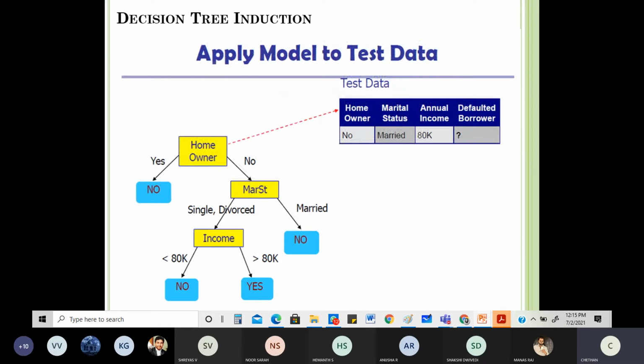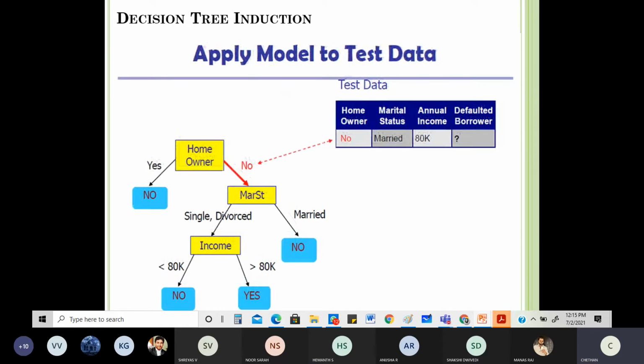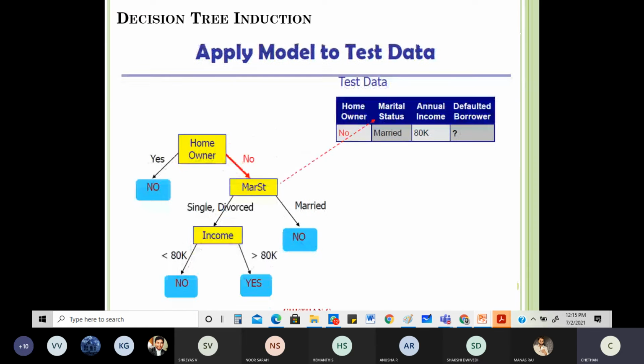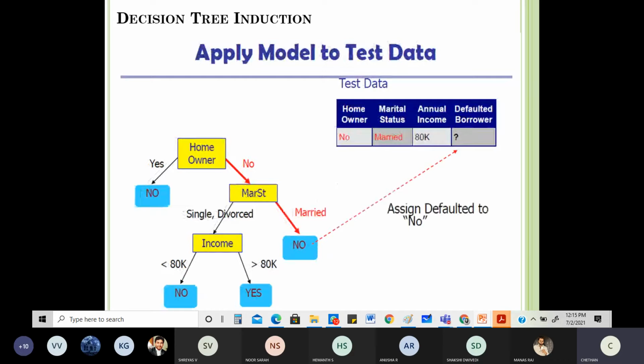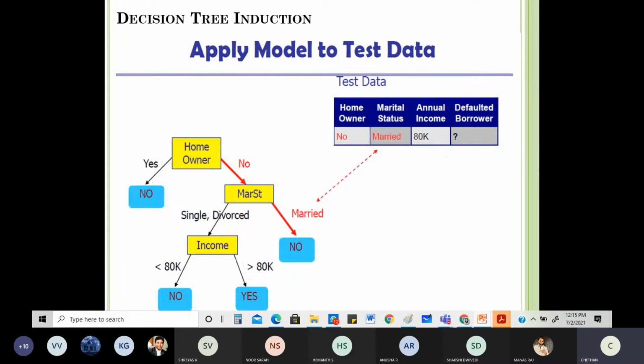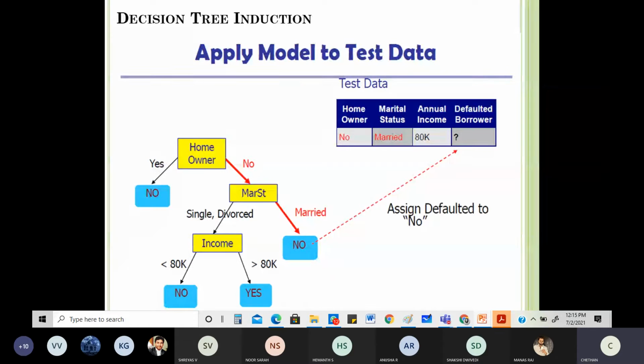You go to homeowner, check if it is no, then you go for no. Marital status clearly says married, so you go for married, and then annual income, which clearly says 80K. Was there a need to go from marital status to annual income? No. From marital status, I've directly gone to figuring out my defaulted borrower, who clearly is not a defaulted borrower.